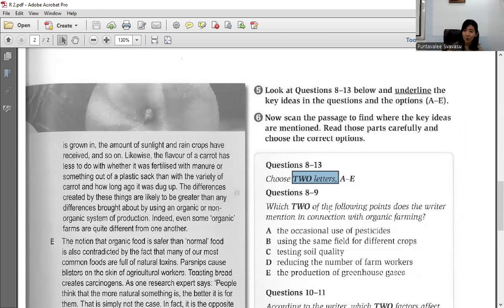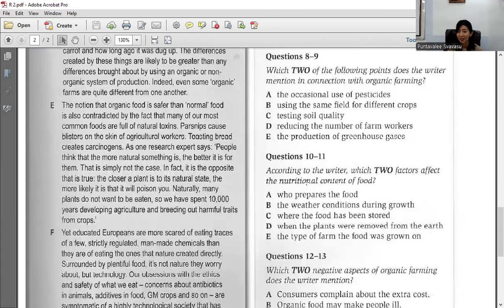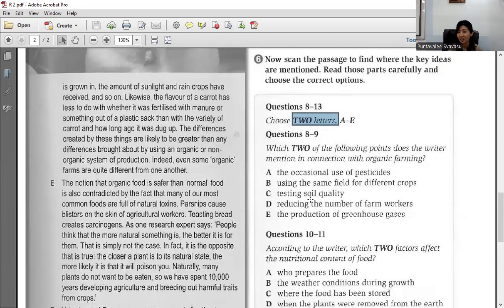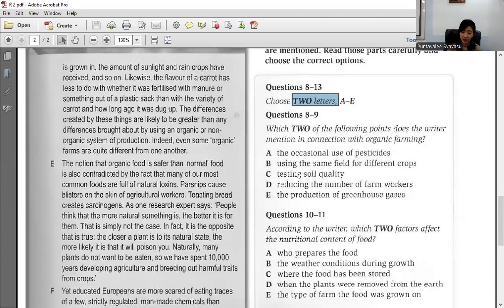If you happen to choose just one, you miss 1 point right away, because it's 1 for 8 and 1 for 9. If you just choose one, you will lose, I would say, 3 points out of these 6 questions. So be very, very careful with the instruction on how to answer it.